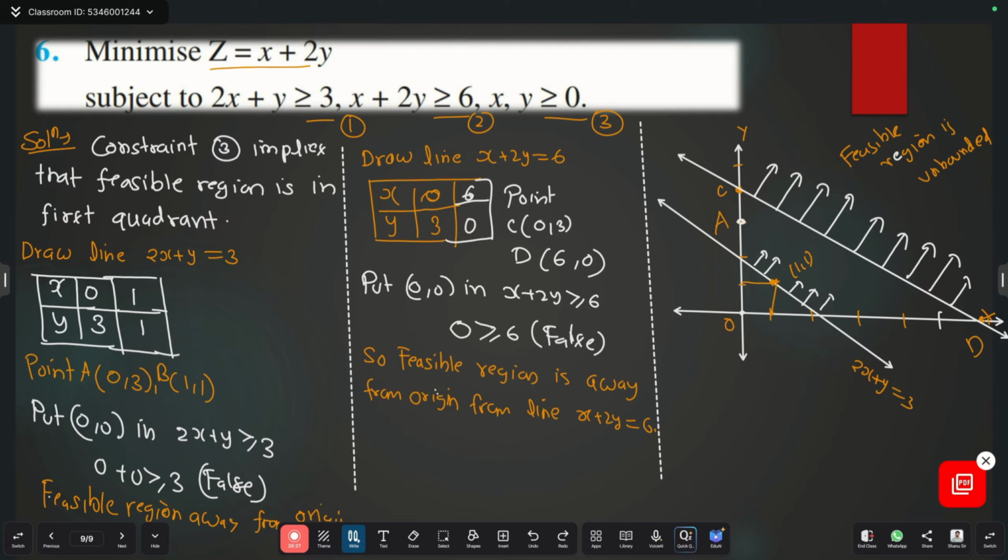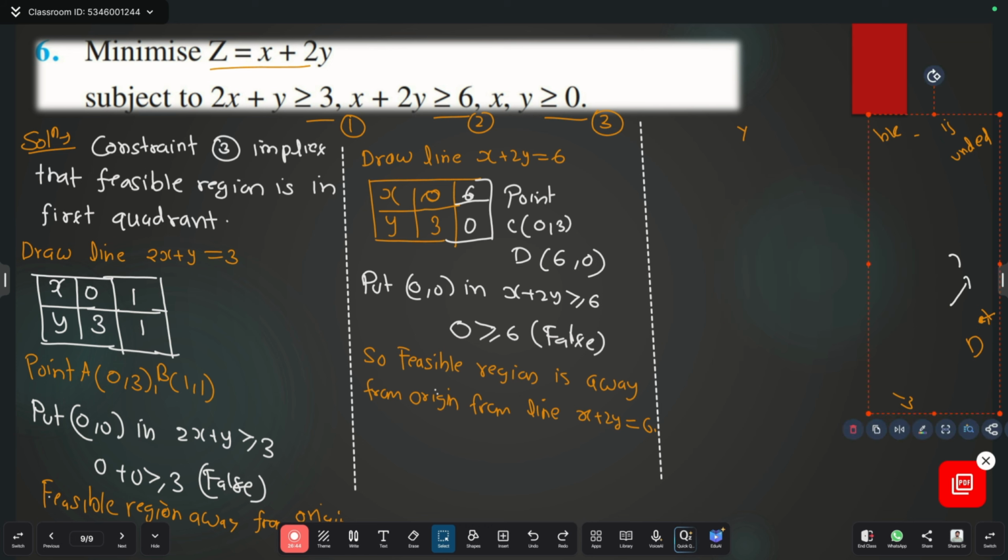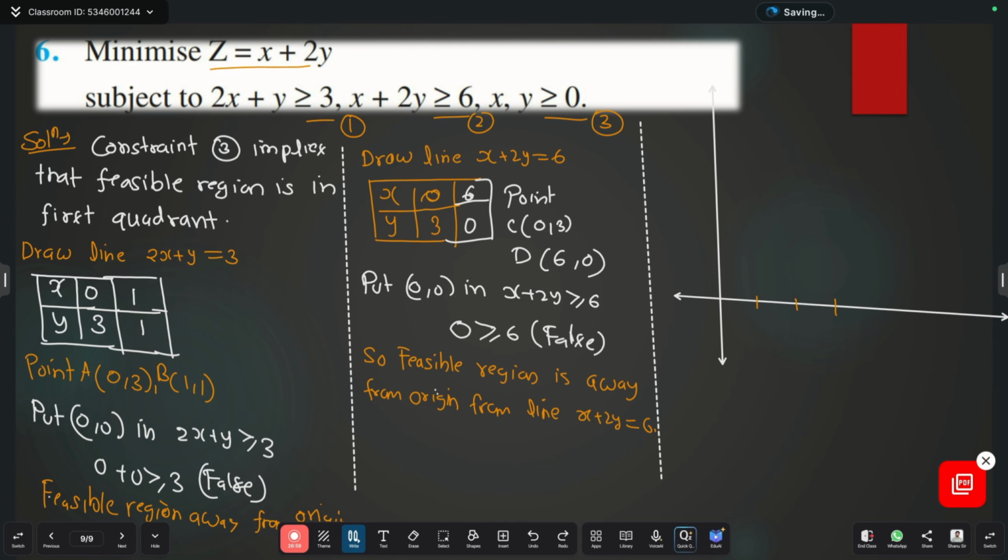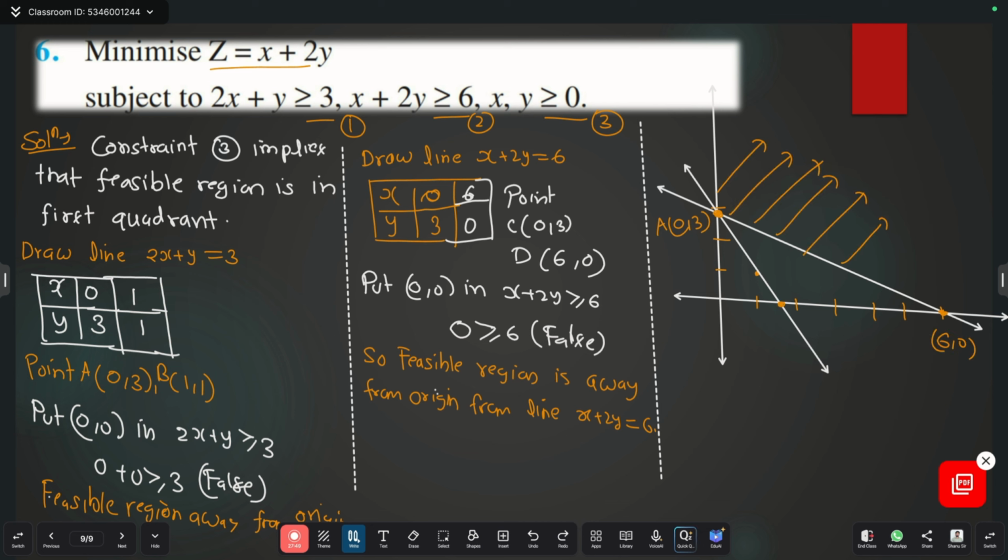Then I will change. So B point is in this count. This is B. Now correct.